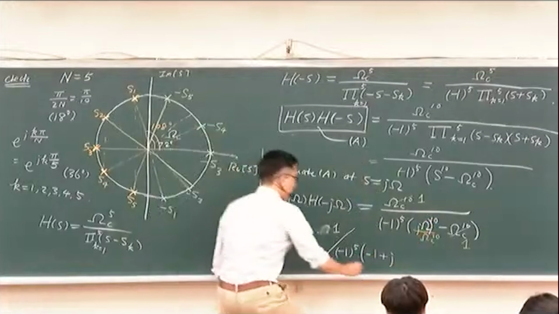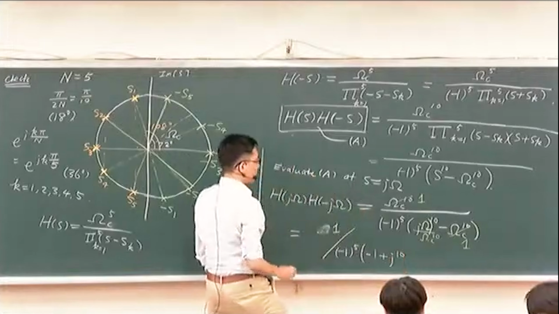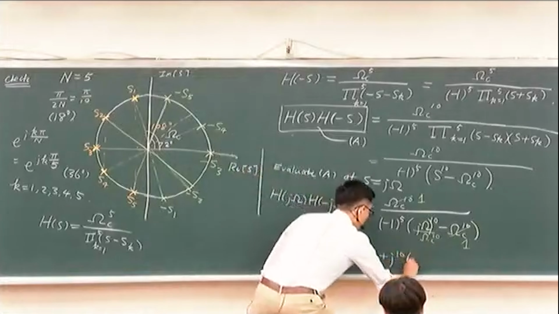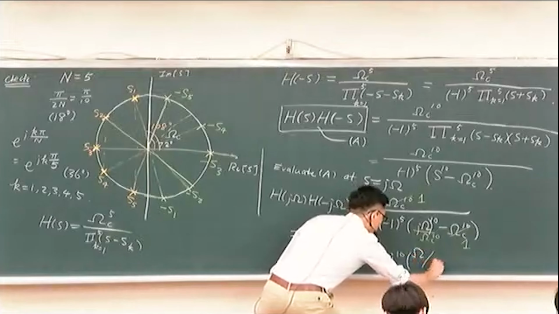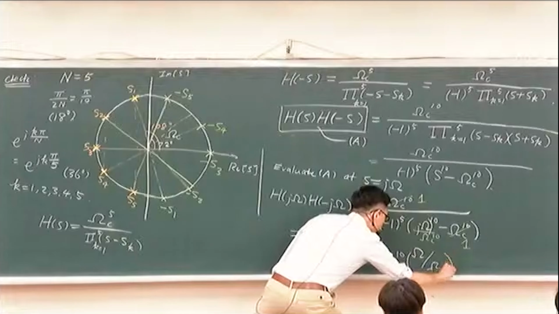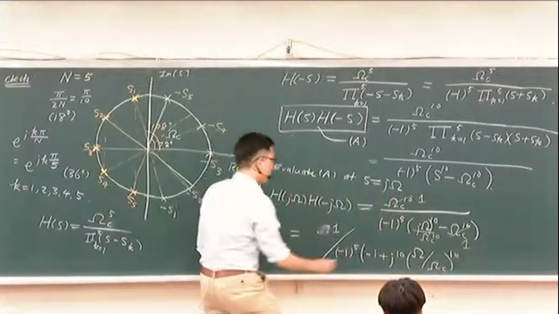Now, j to the 10th power and omega divided by omega c to the 10th power. So that's what we have at the bottom.